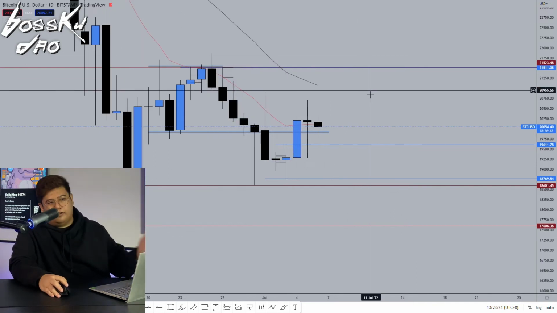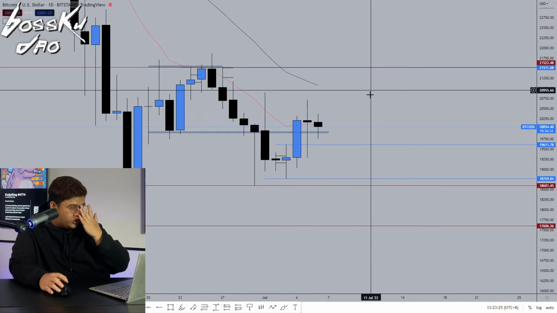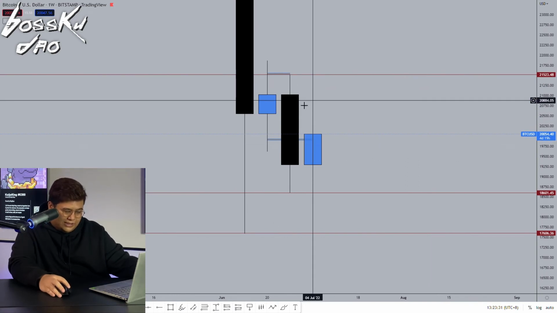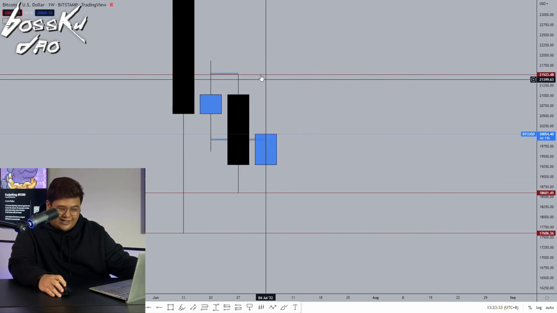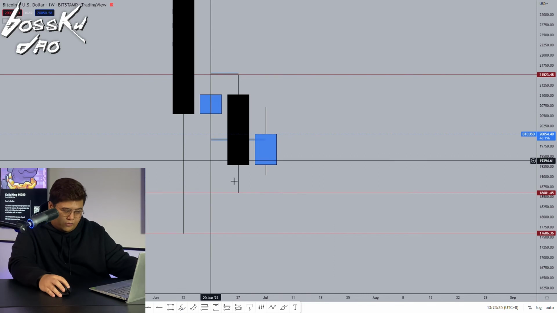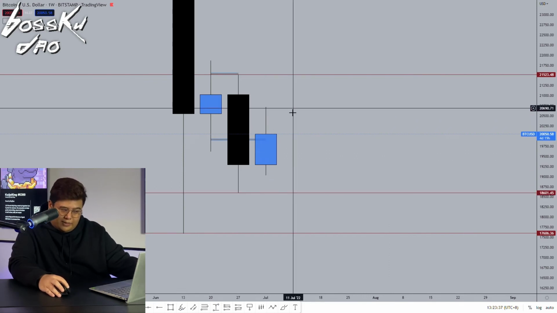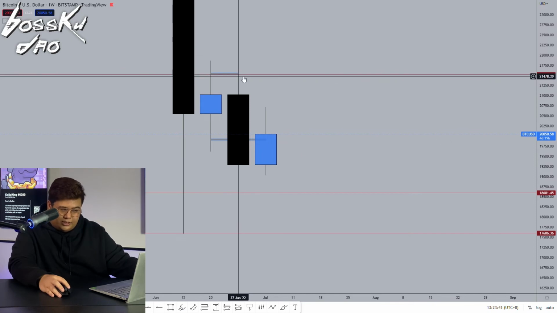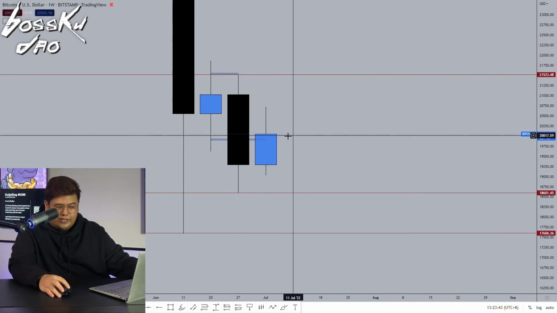So let's see if we get any other confirmation for our position. We can see on the weekly chart, like I said just now, we have the bearish engulfing candle with a huge volume. Now it has come back and is retesting, but never touching the weekly high of last week.